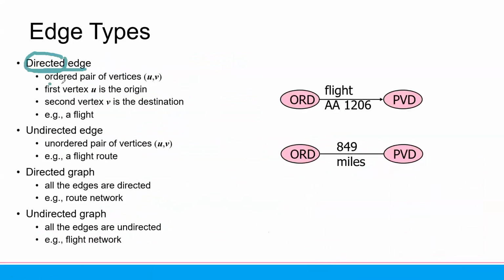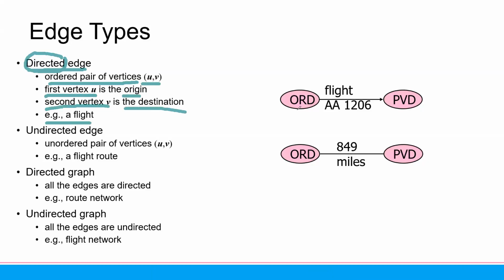It is an ordered pair of vertices U, V, and we can define the first vertex U is the origin, and the second vertex V is the destination. If you know a flight, we have a flight from Seoul to Busan. We have a flight from Seoul to Jeju.